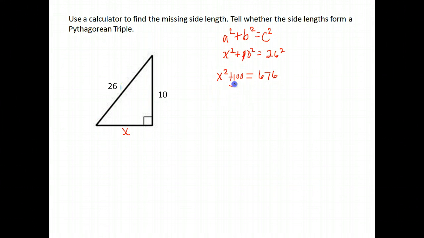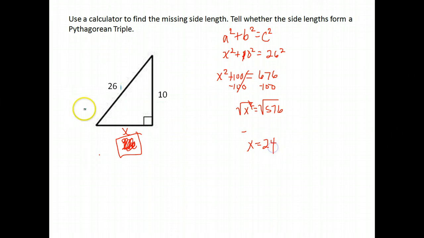Want to solve that for x, so we subtract 100 from both sides. We have x squared is 576. To remove the squared, we would do the square root of both sides. And that gives me that x is 24. So my missing side here has a length of 24.